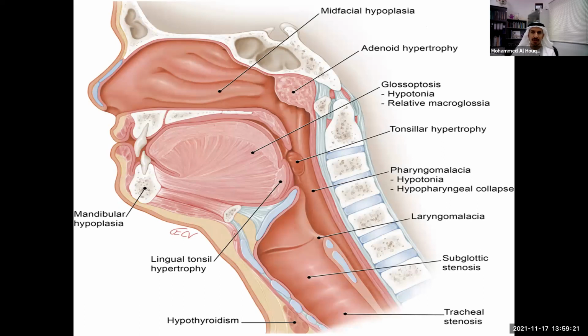Patients with Down syndrome can present with adenoid hypertrophy, macroglossia, tonsillar hypertrophy, pharyngomalacia, hypotonia, which can lead to obstruction of the airway, laryngomalacia, subglottic stenosis, tracheal stenosis, hypothyroidism, lingual tonsil hypertrophy, and mandibular hypoplasia.